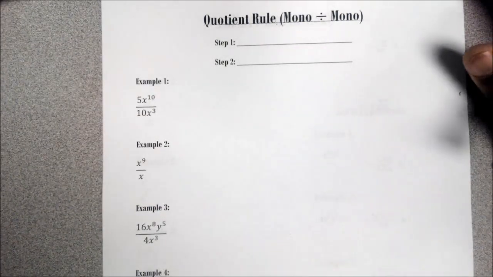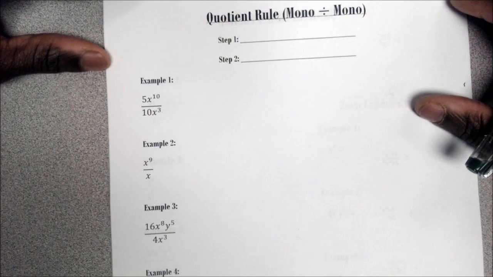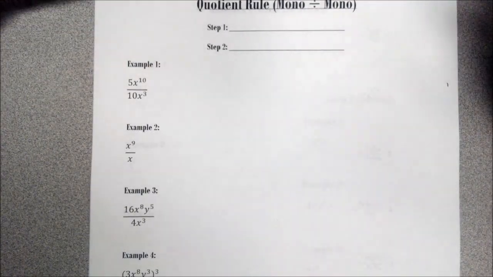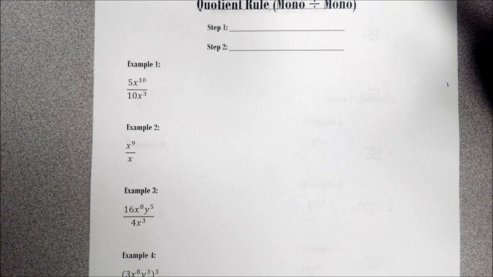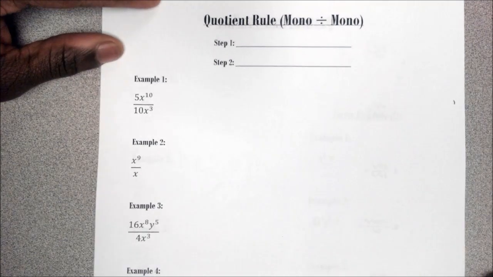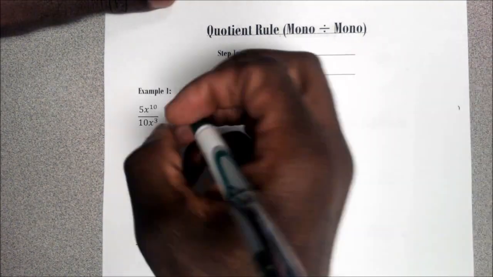We've done these before. Then we're going to get into some special cases with negative exponents and zero exponents, and of course we know what zero exponents do. The only new thing really is the negative exponents. But let's look at the quotient rule, which is just dividing monomials.